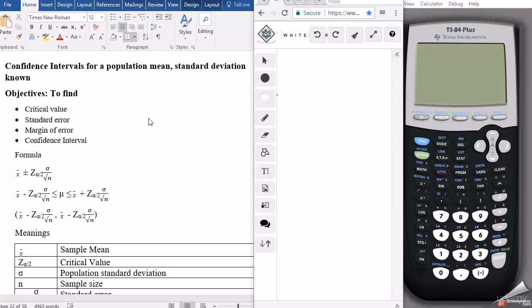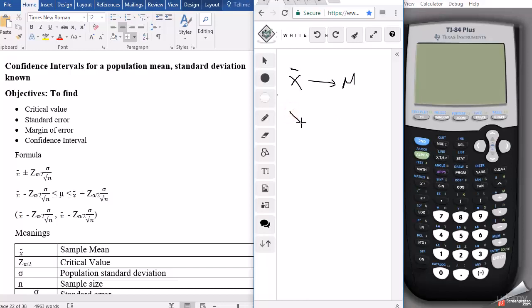Okay. Now, the reason why we do confidence intervals most of the time is because of the inadequacies or inaccuracies of using point estimates. Take for instance x bar, which is the sample mean, which is the point estimator of the population mean.